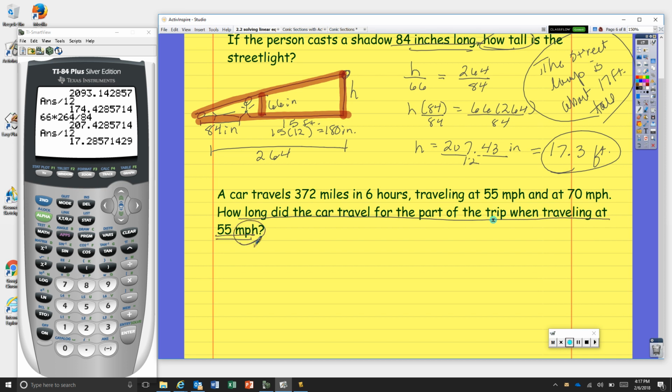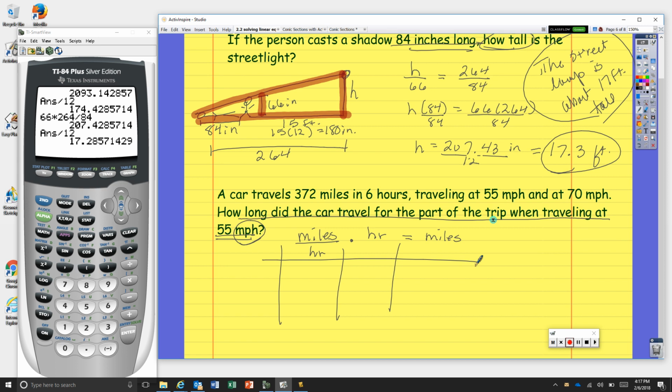I see this labeled miles per hour, so I automatically write miles per hour. Anytime you have a label that's a fraction, you want to multiply by your denominator, so I'd multiply by hours. This would then reduce out, so the result would be equals miles. And this creates a way for us to organize our information.